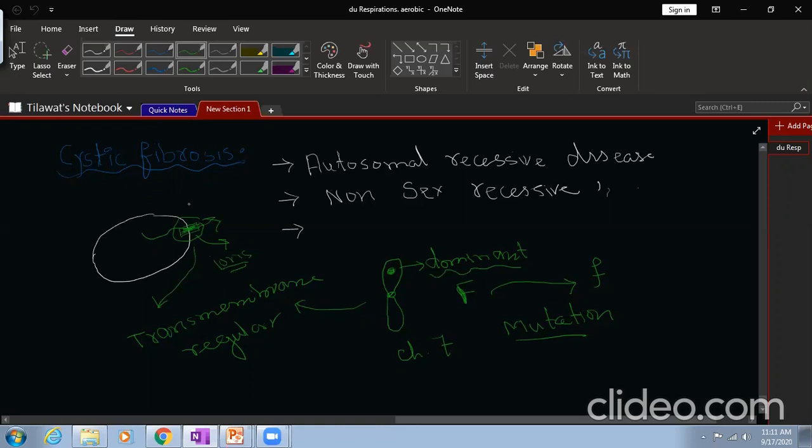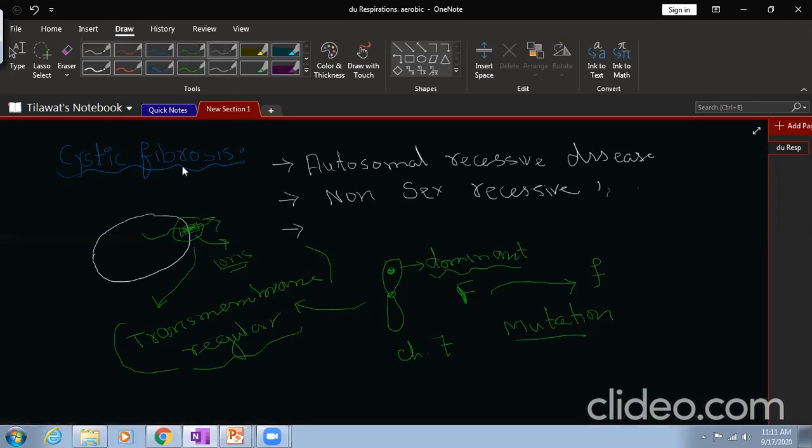But I'm not going to go into detail on that. Here, I just want to tell you that this transmembrane regulator will be disturbed. And when it is disturbed, it can't control well the movement of ions. When it can't control the movement of ions, as a result, mucus accumulation will take place outside.